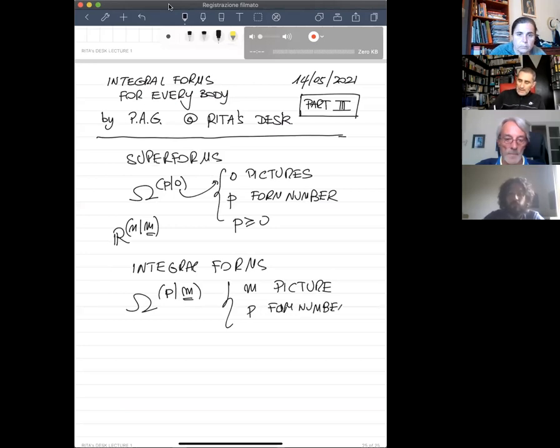But in this case, the form number p could be less or equal to n, but p could be also negative. So p could be any number from -infinity to n. That is the maximum form number, which is equal to the bosonic dimension of my supermanifold, but p could be negative.